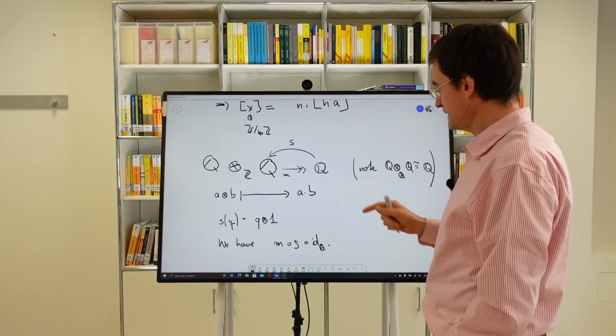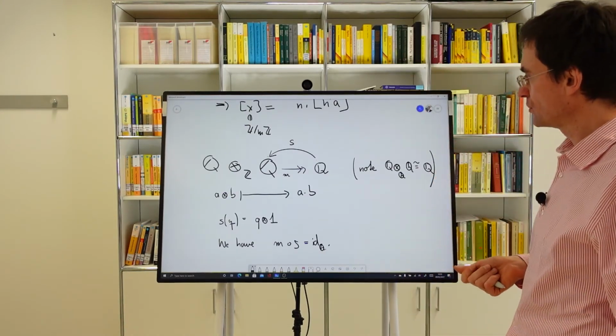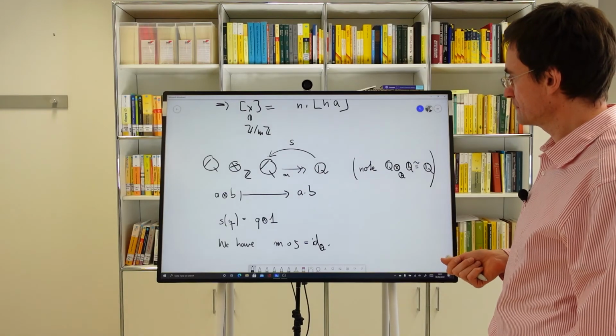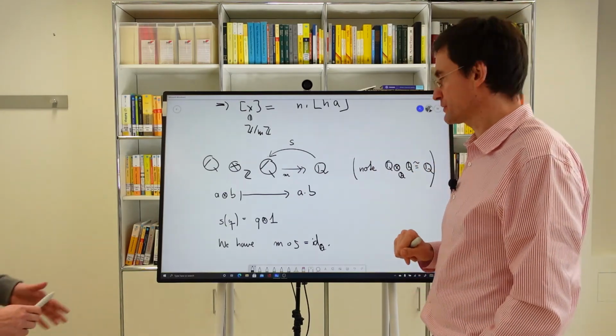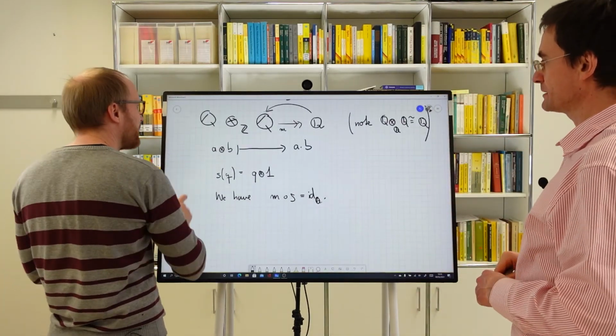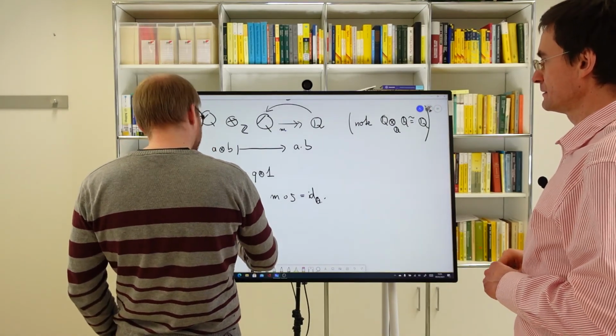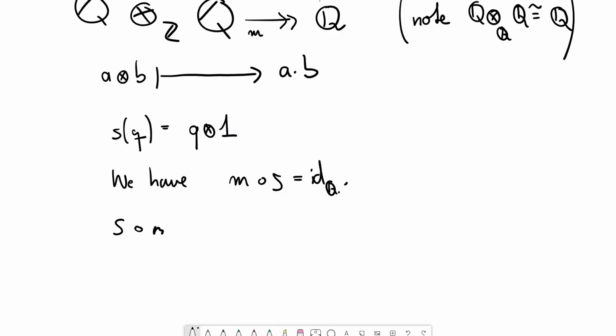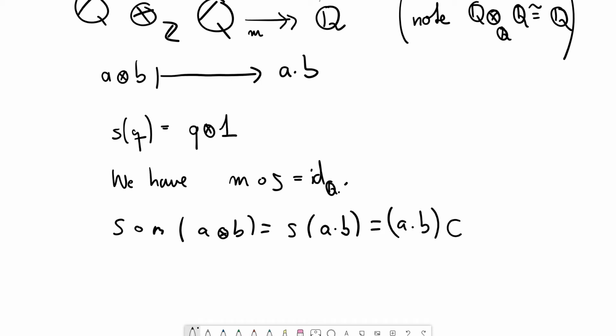Either we consider the other composition, or we look at, well, no. Let's look at the other composition. Probably the easiest thing to do, right? If I take S after M of an elementary tensor, so let's take A tensor B. Then this is S of A times B, and this is A times B tensor 1.